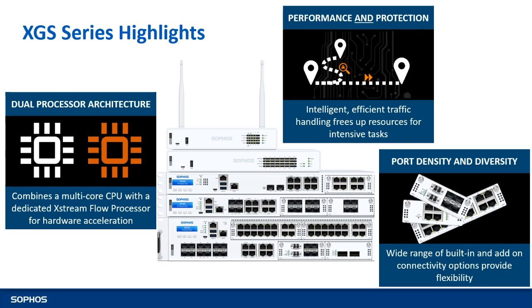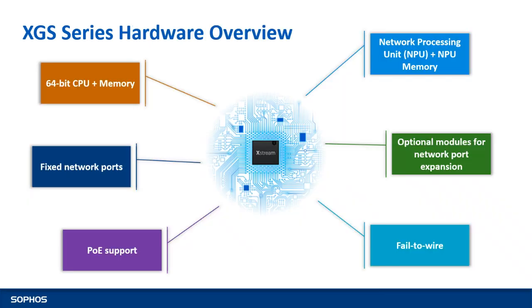The XGS series includes a wide range of integrated and additional connectivity options, providing the flexibility to adapt to the most environments. Each unit of the XGS series contains a 64-bit CPU with system memory, as well as an Xstream flow processor, also known as a network processing unit or NPU, with its own memory.